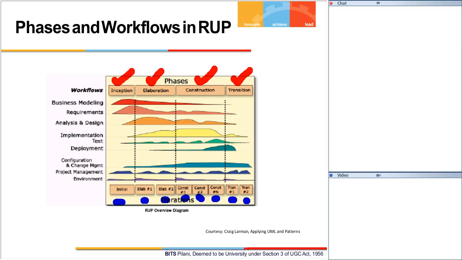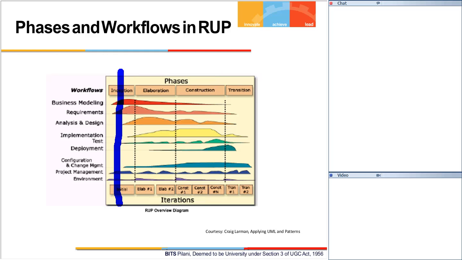So, just give me a second, I'll remove these annotations and try something new. If I can draw a box, anyways. Okay, so your inception phase is this, consisting of only one iteration. Your elaboration phase, first iteration is this and second iteration is this, right?